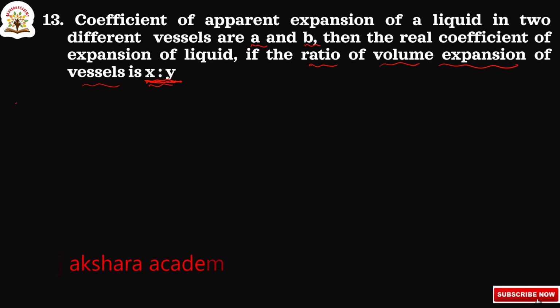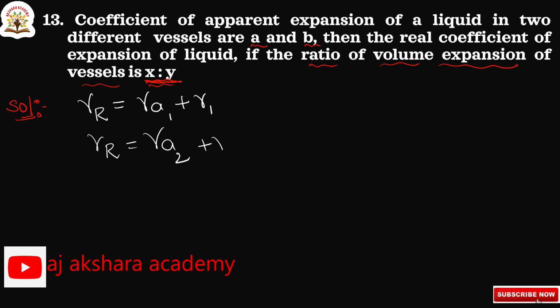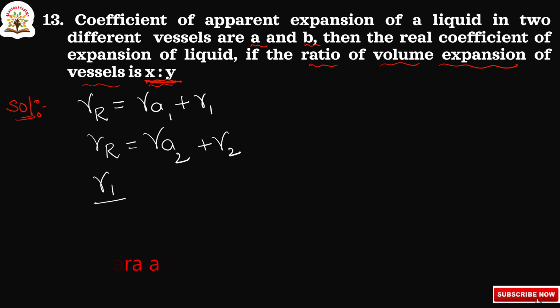Let us go to the solution. Here gamma r is equals to gamma A1 plus gamma 1, and gamma r is equals to, next we are writing, gamma A2 plus gamma 2. We have to find out gamma 1 by gamma 2 is equals to x by y.